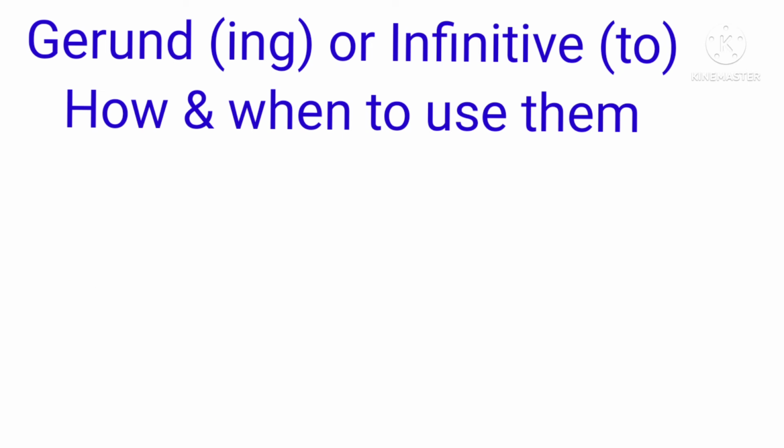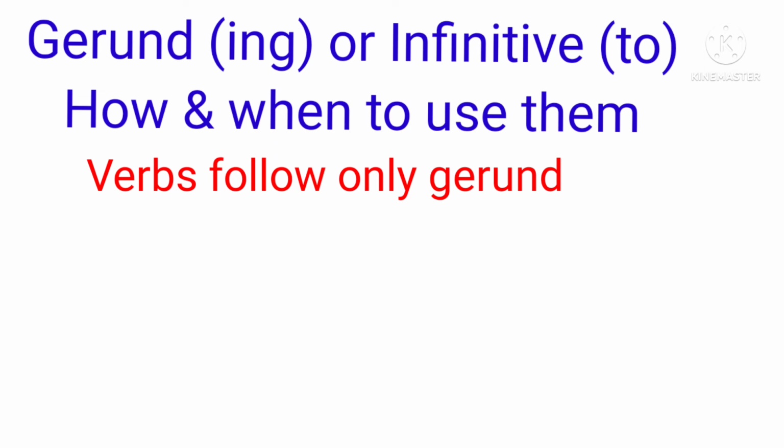Okay, next step. There are some verbs that only allow a gerund to follow, and there are some verbs that only allow an infinitive to follow. You have to understand that some verbs are followed by both the infinitive and the gerund.